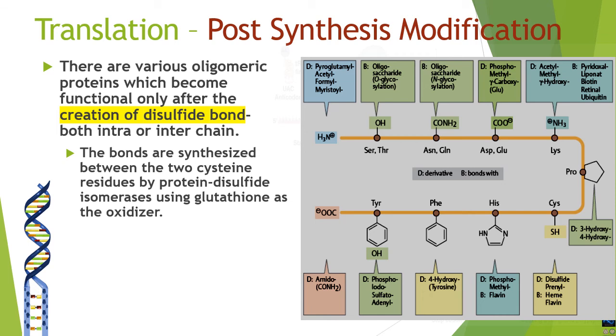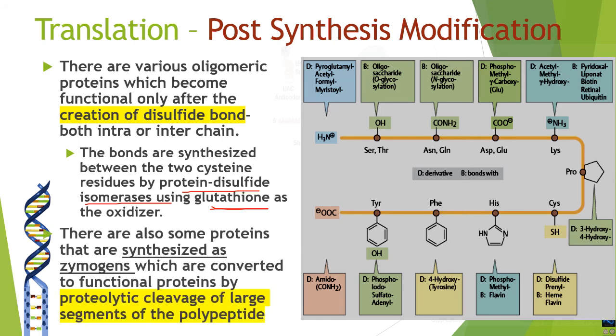It can be both interchain and intrachain, and it is done with the help of specific proteins called PDIs, protein disulfide isomerases, which utilize glutathione as an oxidizer to create the bond between the two cysteine residues and link them together. This also gives stability to the structural protein specifically.